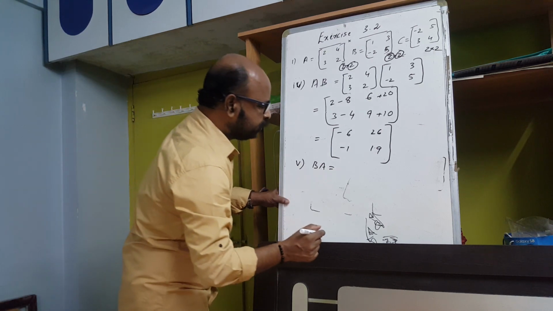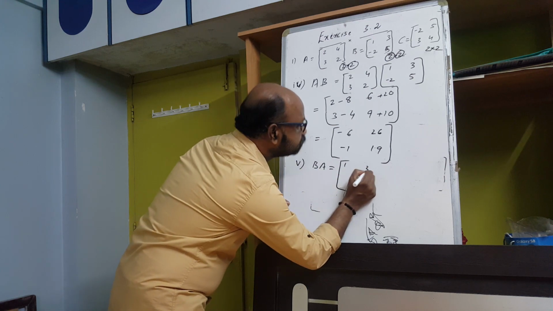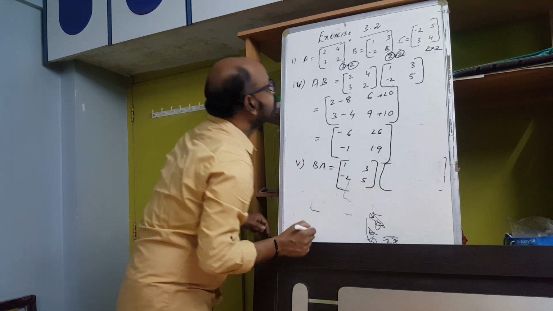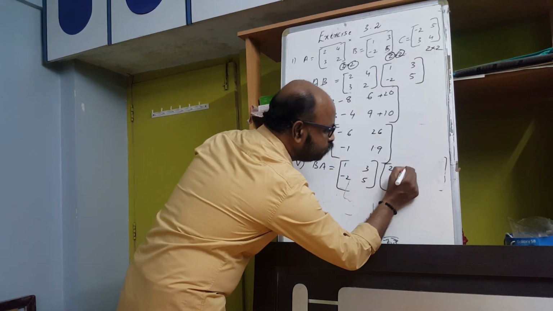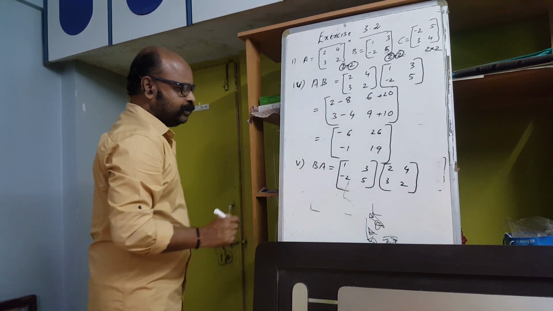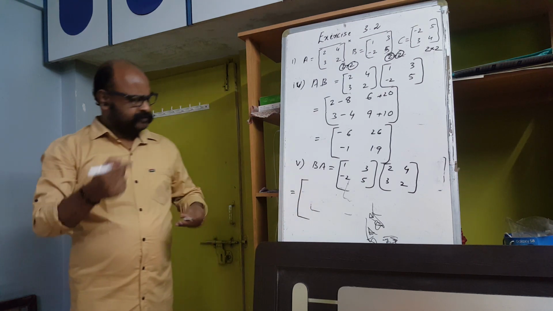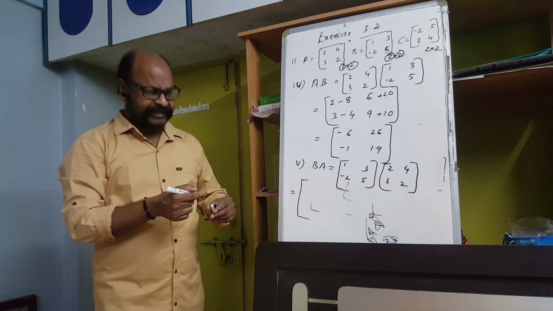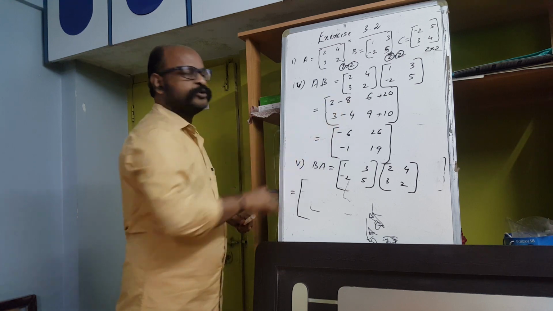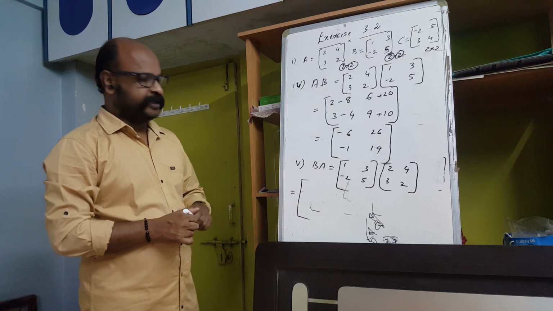So when we come to BA, first we need B, matrix 1, 3, minus 2, 5, and A, matrix 2, 4, 3, 2. Now we are writing the product directly, avoiding the step of writing the two products separately, but the concept is the same.